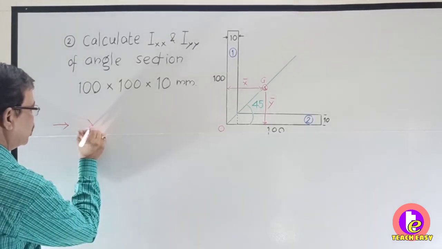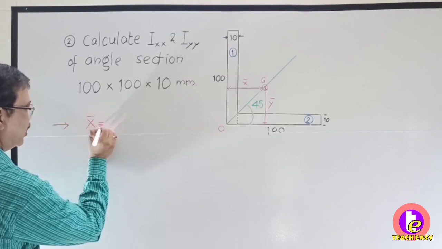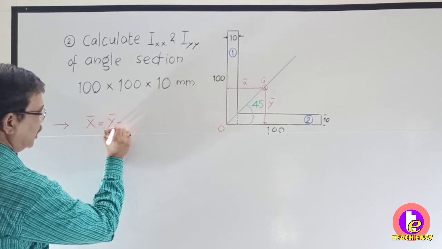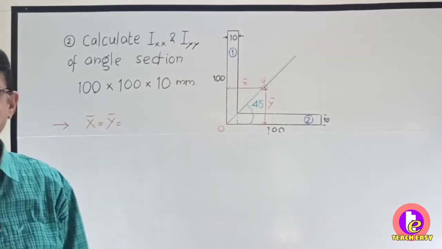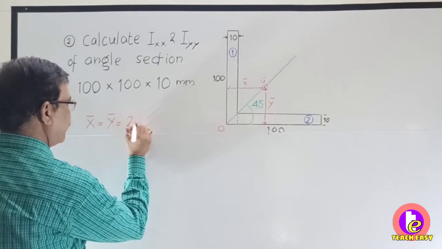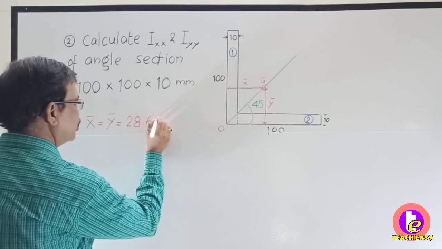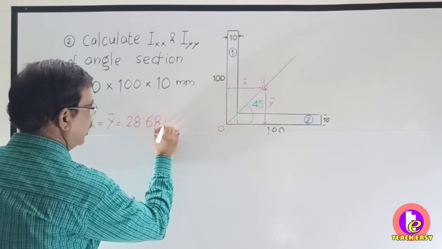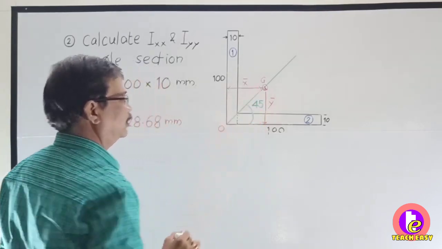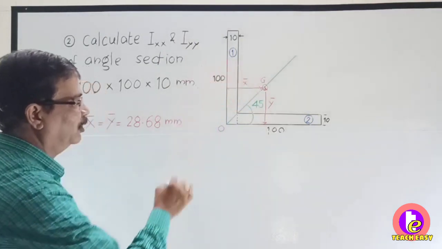Just now I have explained that it is symmetrical about the axis at 45 degrees, so the values of x bar and y bar are equal. And it comes out to be 28.68 mm. So this is 28.68, and this is also 28.68.